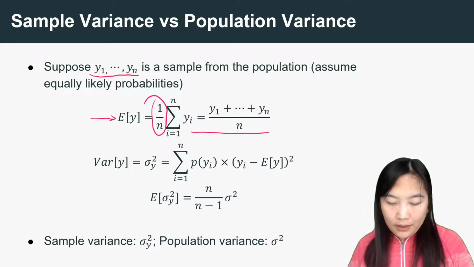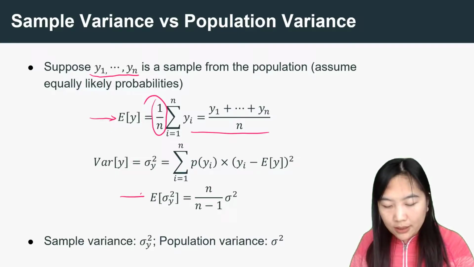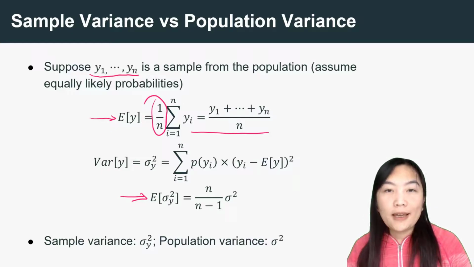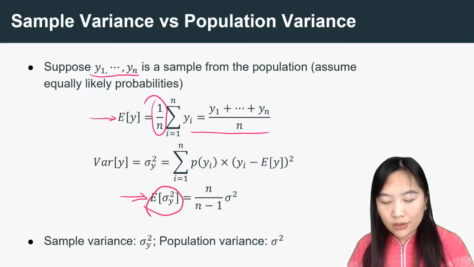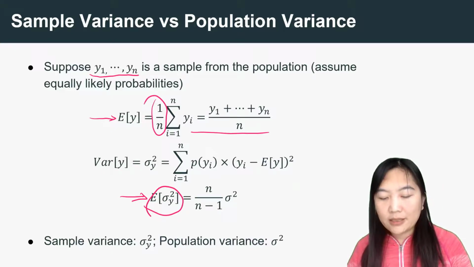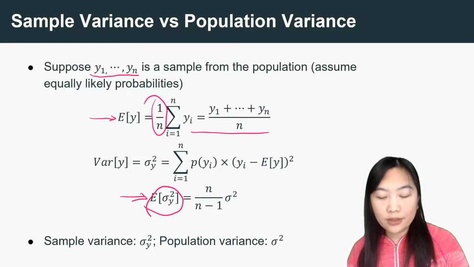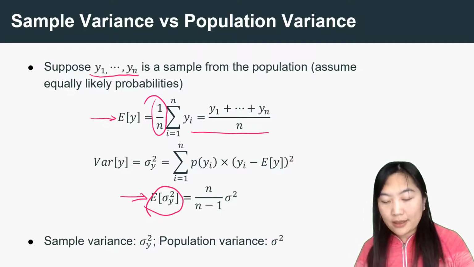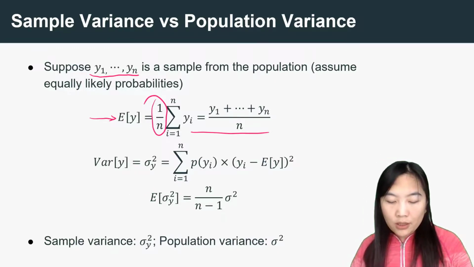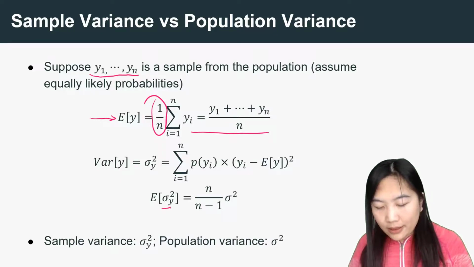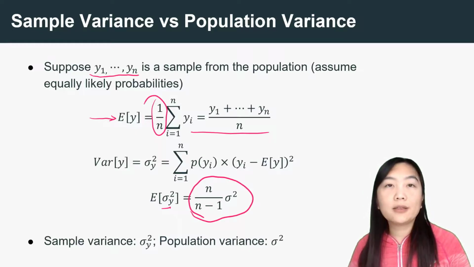And if you took an expectation of that sample variance, the way that you took expectation is the same as we calculated expected values in previous slides. So if you took the expectation of your sample variance, then you will be able to get this result.